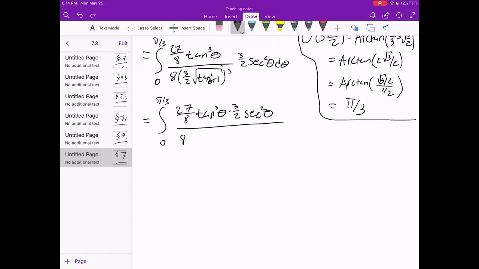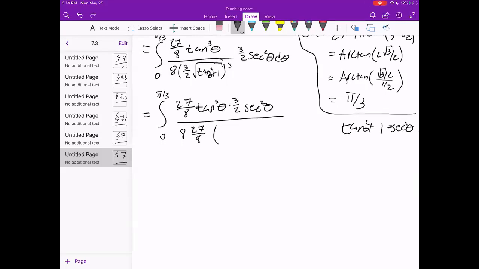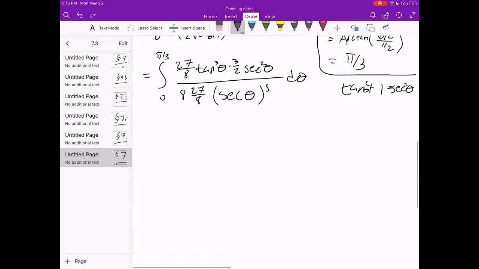Downstairs I have 8. 3/2 to the third power is again 27 over 8. And then I have square root of tan squared plus 1. So tan squared plus 1 is secant squared. So this is then secant squared, or secant theta, because I'm taking the square root, cubed d theta.